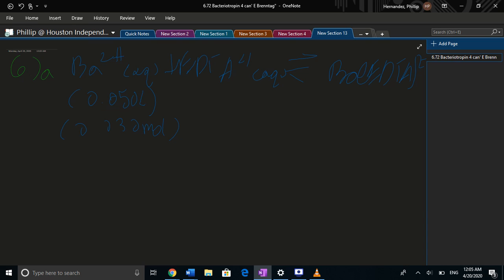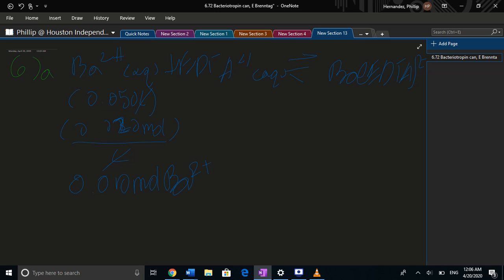Since our molarity is moles per liter, our liters cancel out and we are left with 0.010 moles of Ba2+.